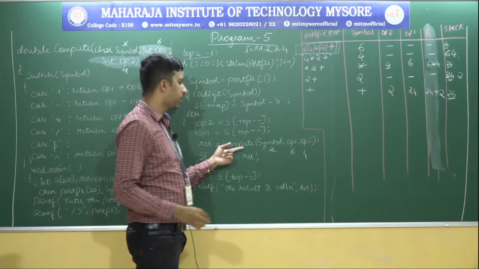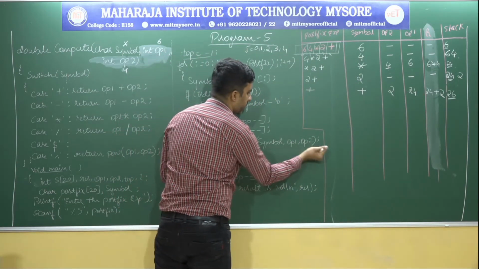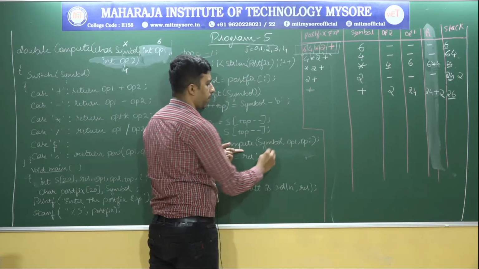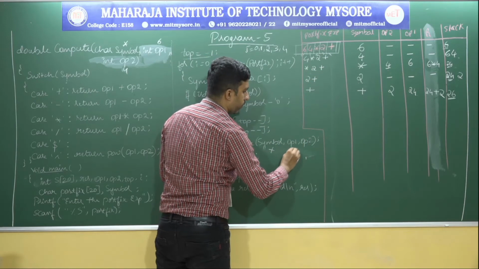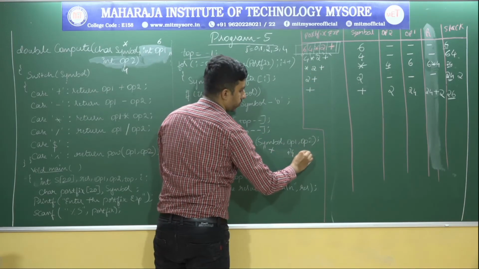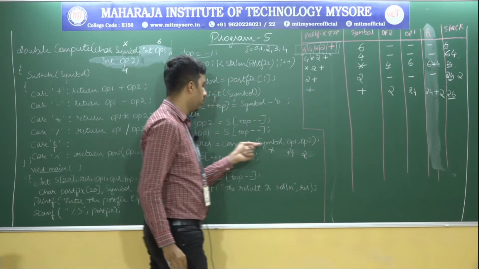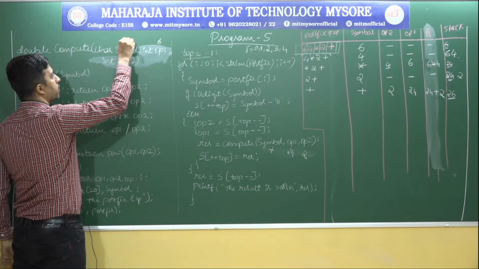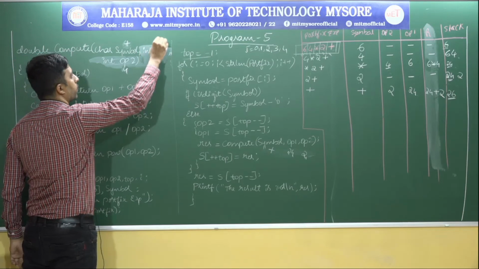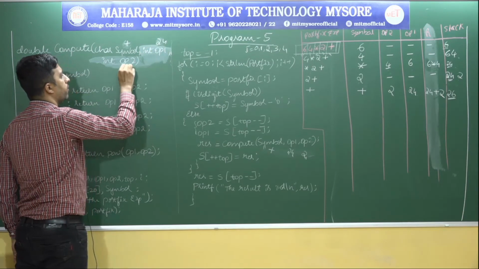Now it calls the function compute. From the main function it passes symbol plus, operator 1 as 24, and operator 2 as 2, to perform addition of these two. The compute function brings plus, 24 and 2 from the main function.